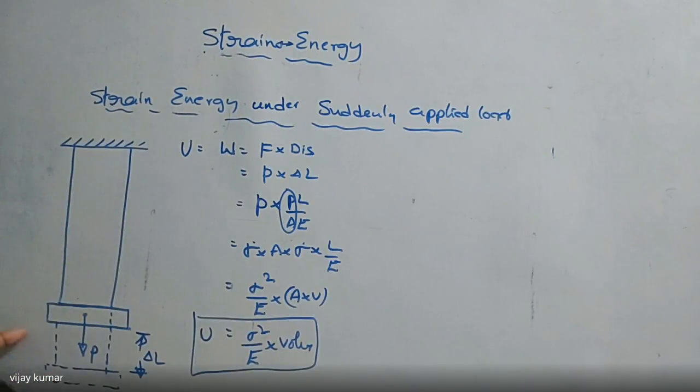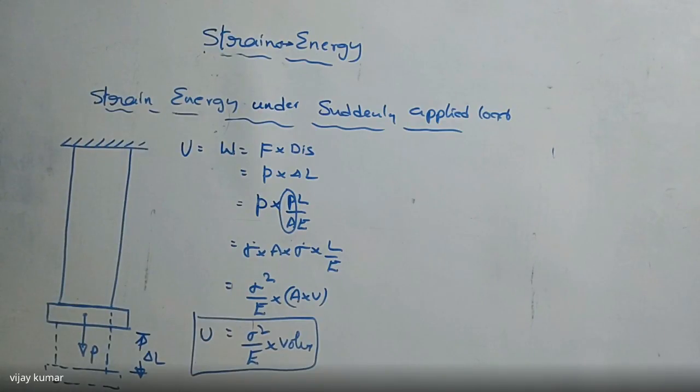This is for strain energy under suddenly applied load. The load is attached to the bar suddenly. Then the bar undergoes deformation up to a delta L. Then the delta L can be calculated by using Hooke's law, because this material is elastic and follows Hooke's law. That is delta L is equal to PL by AE.